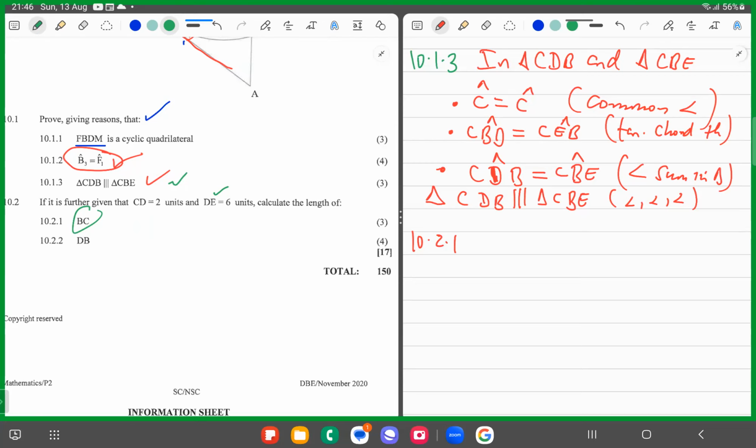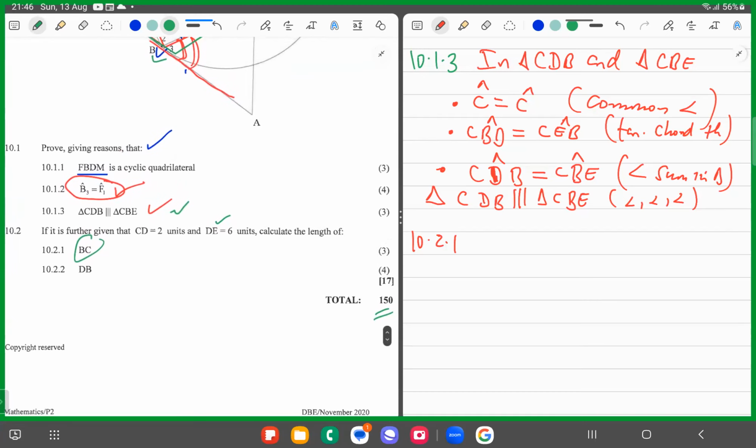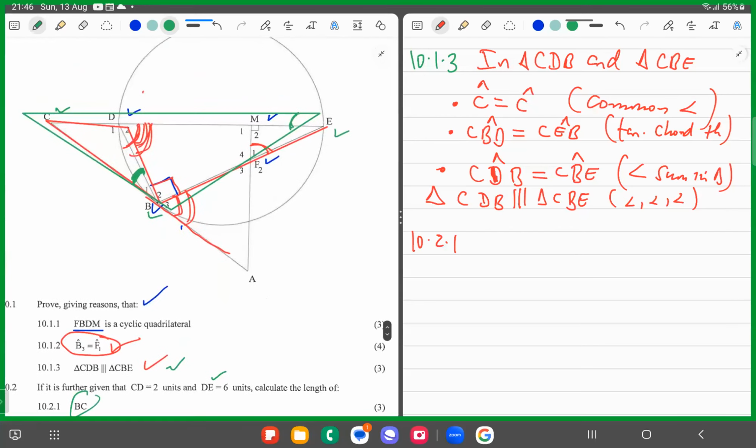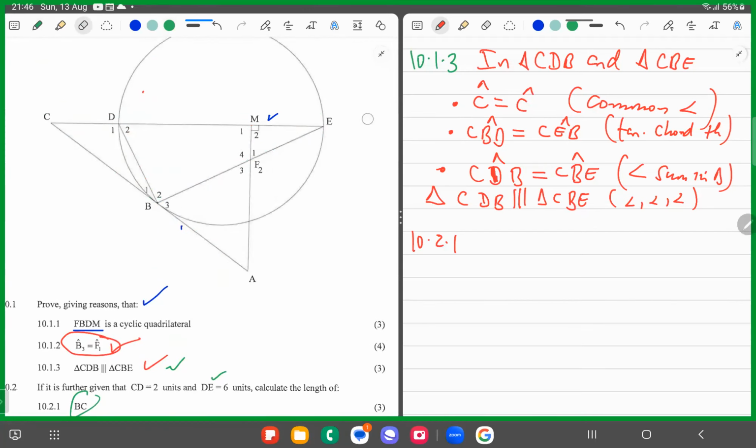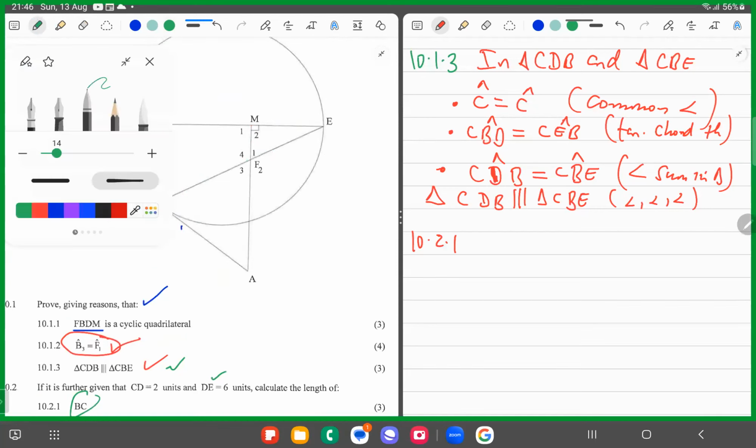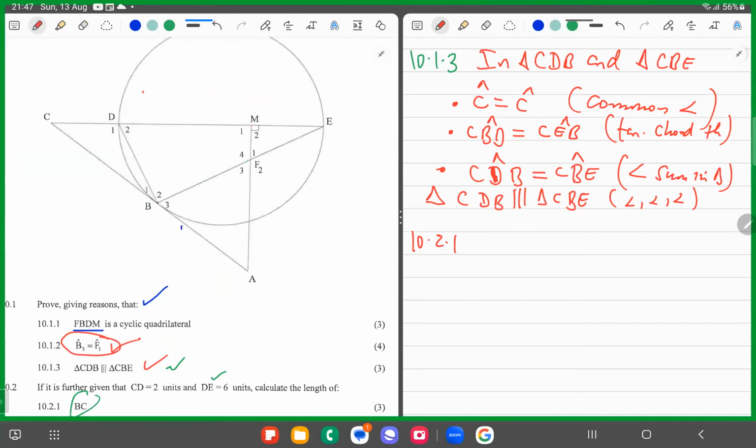After you have solved all this, then you'd have your 150 marks for the 100% in paper 2.